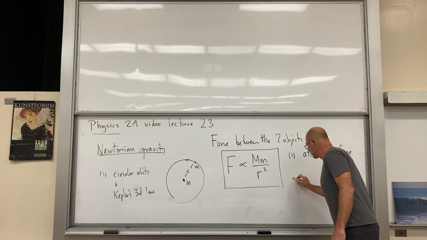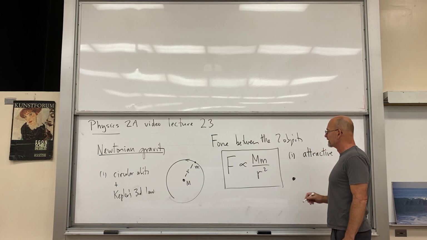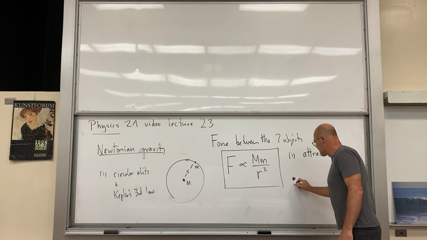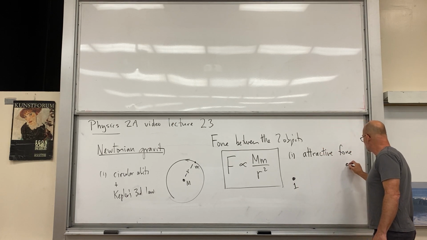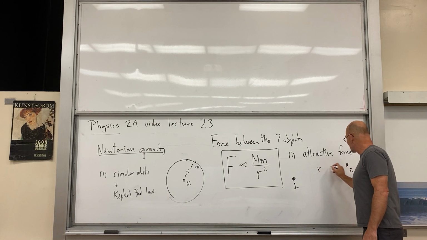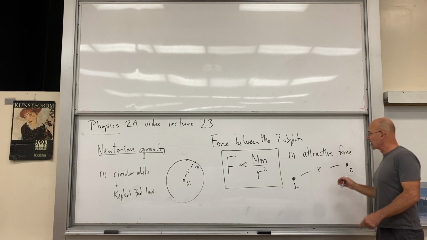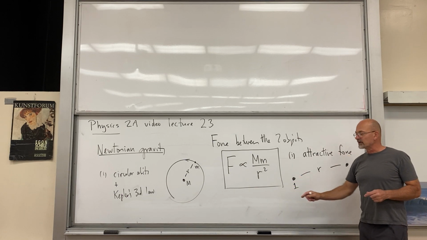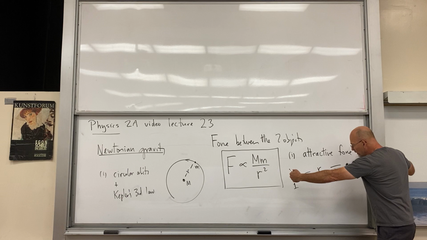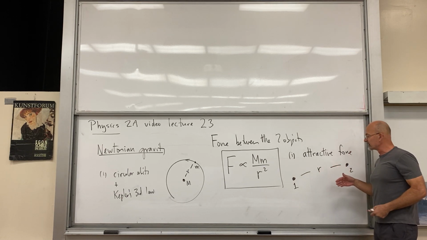And the idea is we have these two masses, and this time I'm going to label them 1 and 2. So M1 and M2, they're separated by a distance r, and regardless of whether they're orbiting each other or not, they're attracted towards each other. If you were just to place them here and let go, they would drift towards each other. Okay, it's an attractive force.